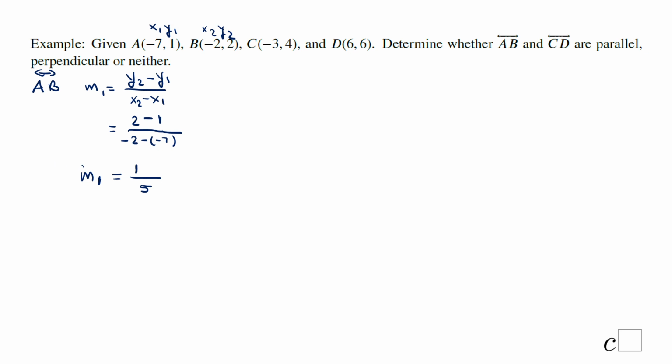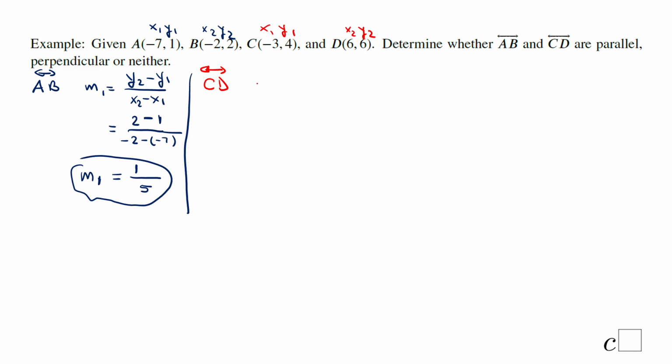Let's take a look at the slope of the second line, line CD. Okay, line CD, and we have here x1 and y1, x2 and y2.